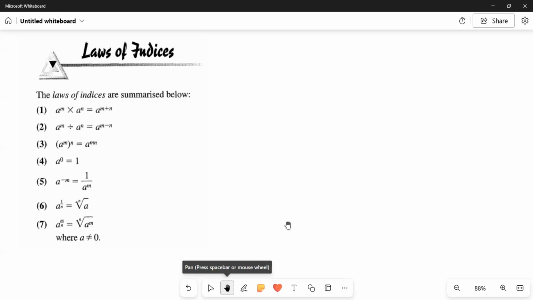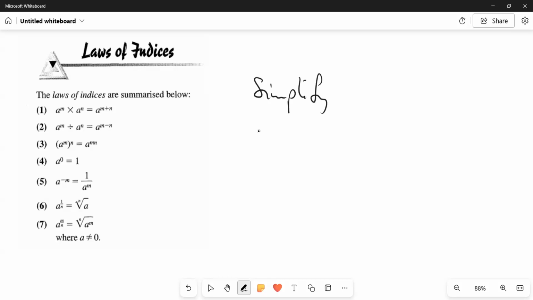I remember when we were adding, subtracting, multiplying, and dividing algebraic expressions. Let's say you had to simplify p to the fifth, multiplied by q to the third, multiplied by p squared, q to the fourth power.